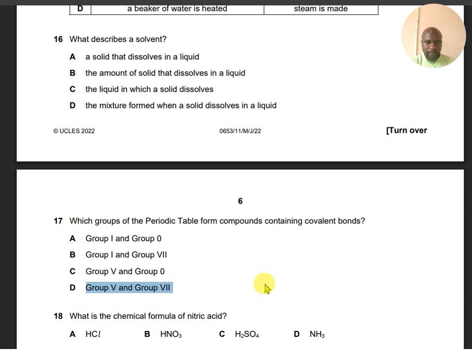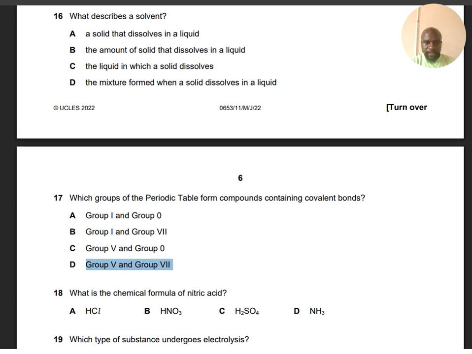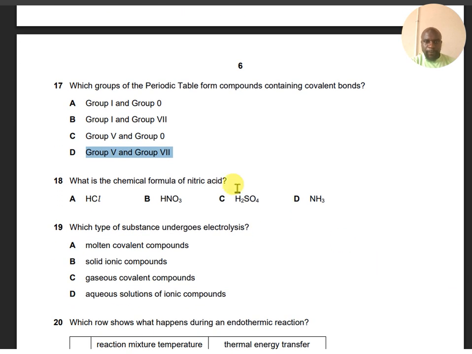Moving on to number 18. What is the chemical formula for nitric acid? This one is hydrochloric acid, then sulfuric acid, sodium, so nitric acid, this is the chemical formula for nitric acid, HNO3. So this is the correct answer, number 18.